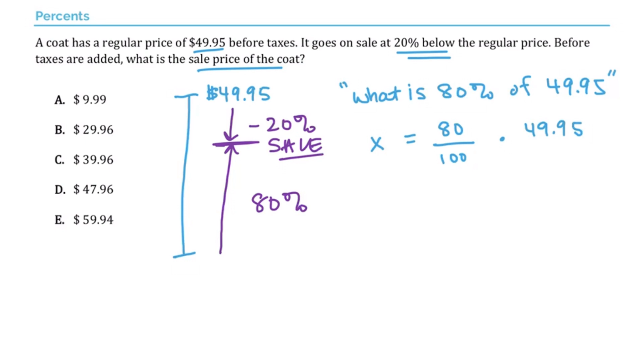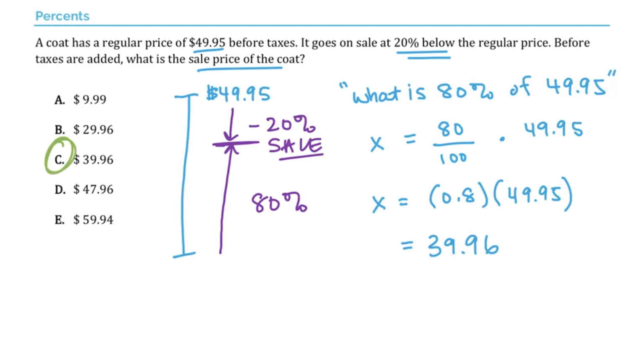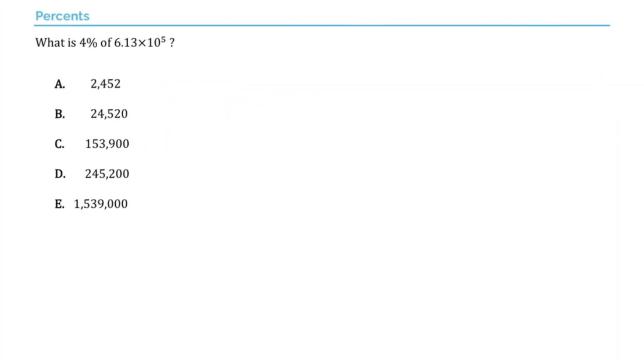Once we know that we're going to calculate what is 80% of $49.95, now we can just solve. So x equals 80 over 100, which is the same thing as 0.8 times $49.95. So the answer for the sale price before taxes is $39.96, which is option C.